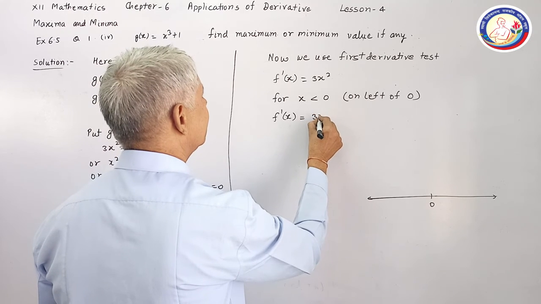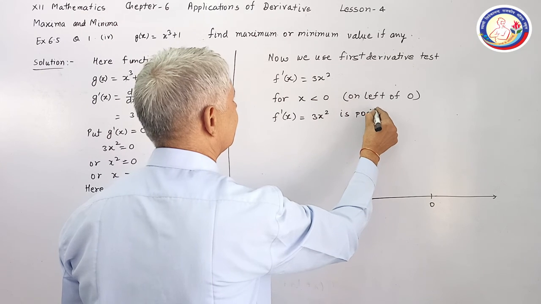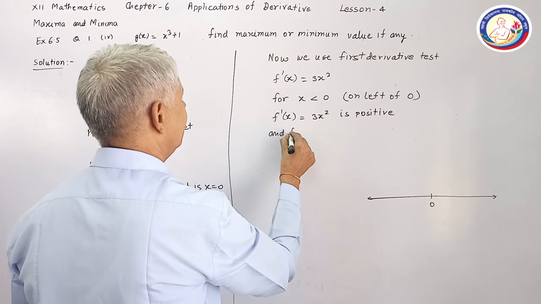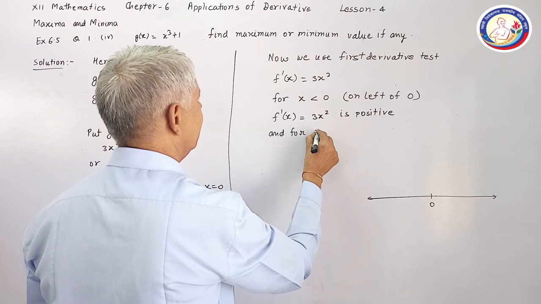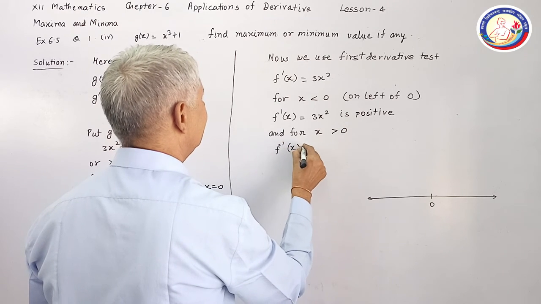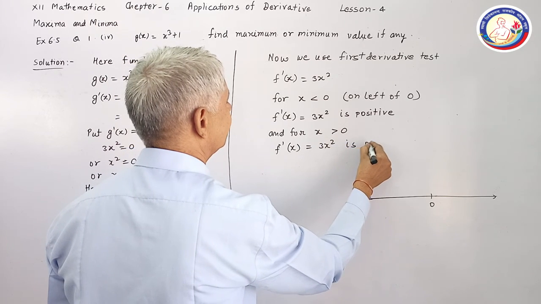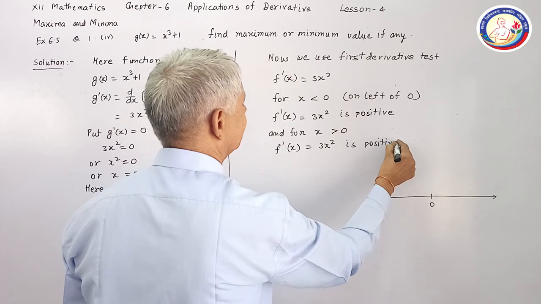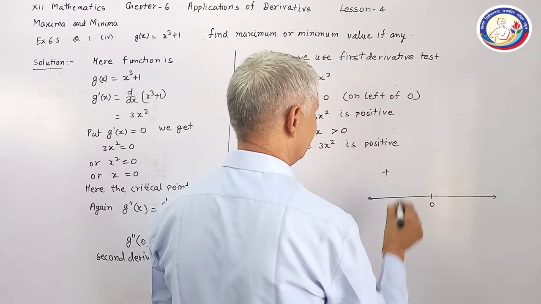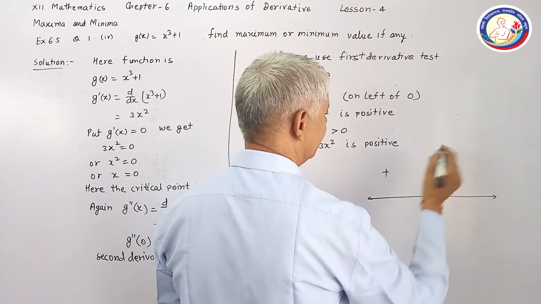For x greater than 0, f dash x, or the value of derivative 3x square, is again positive. So value here for derivative will be positive, and after 0 it is again positive.